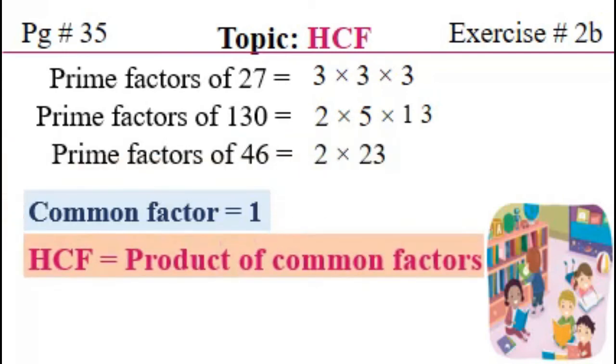And HCF is equal to the product of common factors. But here we have only one common factor, which is 1. So we can simply write down that HCF is equal to 1. Highest common factor over here is equal to 1.